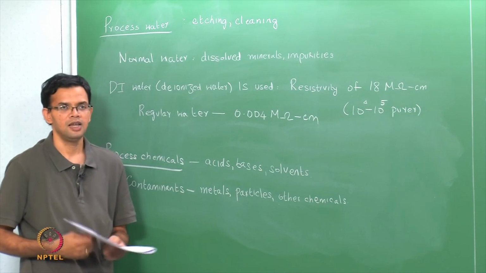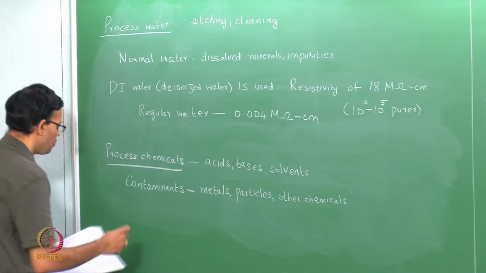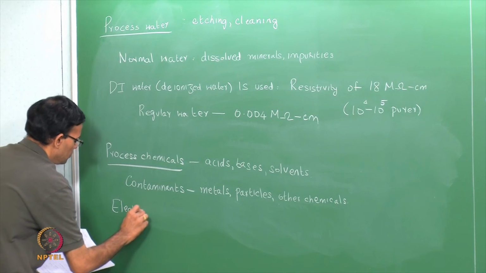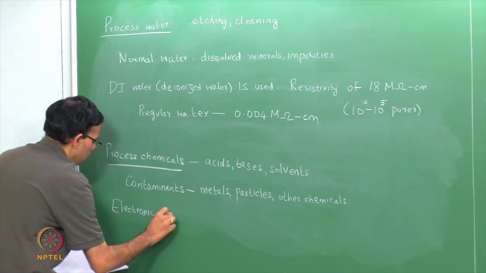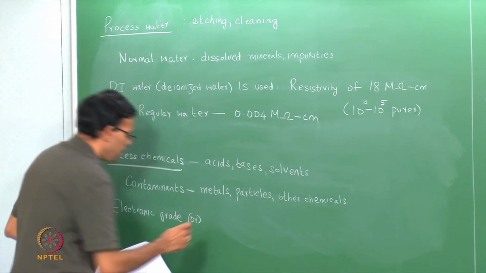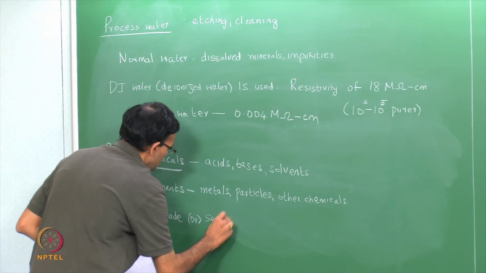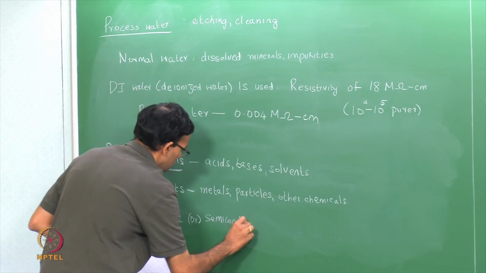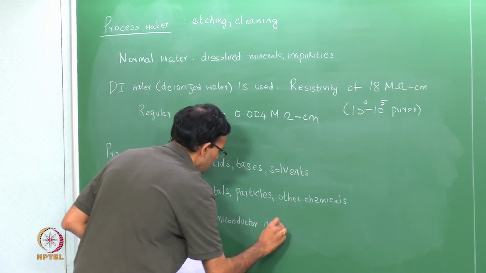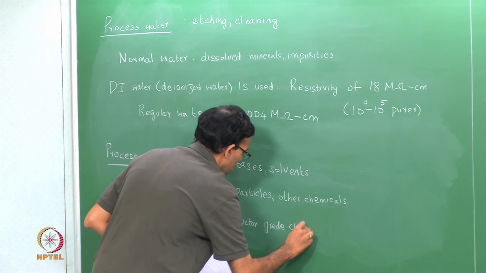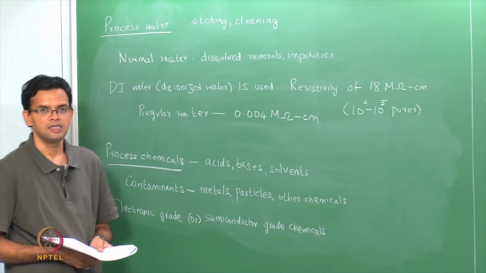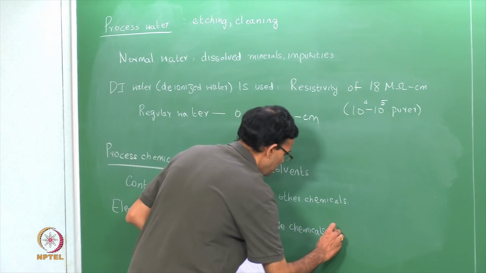So, there are essentially established standards for process chemicals. These are called electronic grade or semiconductor grade chemicals. So, these are essentially chemicals with 6 nines purity.